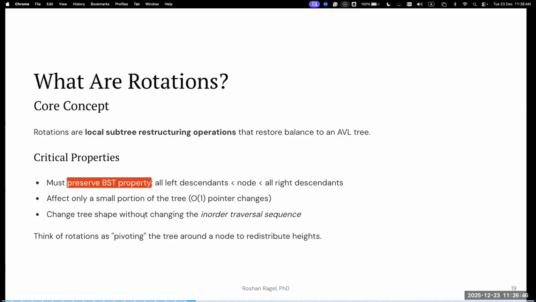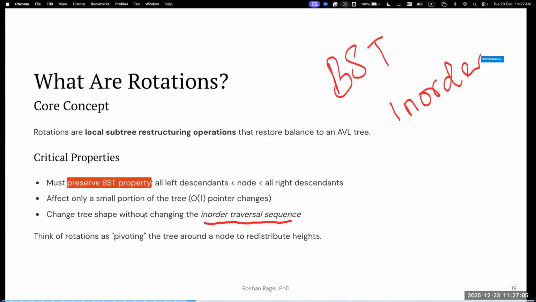And a binary search tree, as you might also remember, maintains the in-order traversal sequence. In a binary search tree, if you do an in-order traversal, you get an ordered list, right? We saw it in the last class.